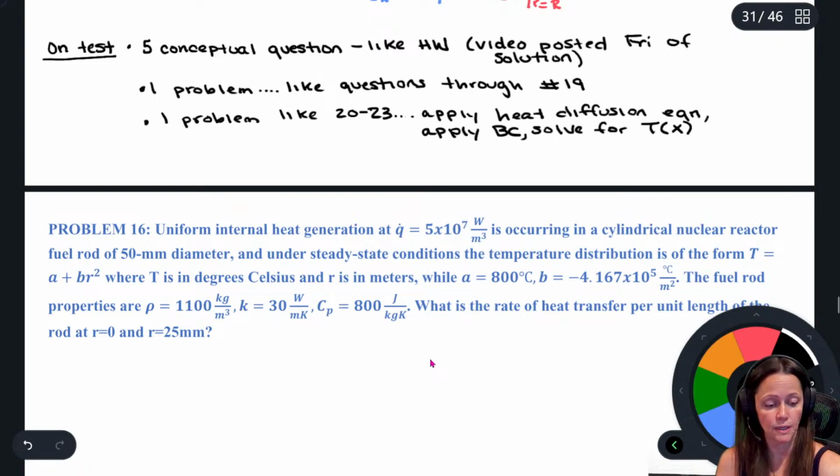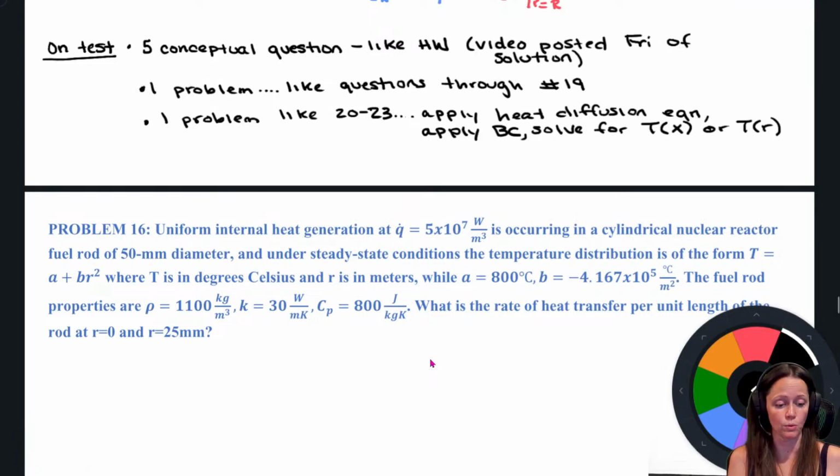And you'll either do it as a function of x or r. So we'll do two types. Tomorrow we'll go over cylindrical coordinates. So hopefully that gives you a little bit more kind of thinking about where you should focus your energy. Anybody have any questions about that?